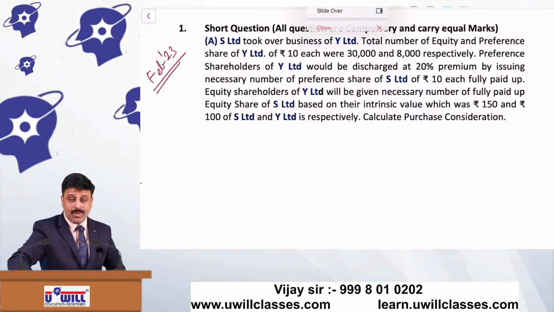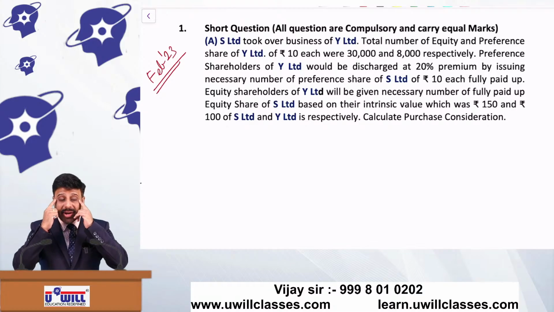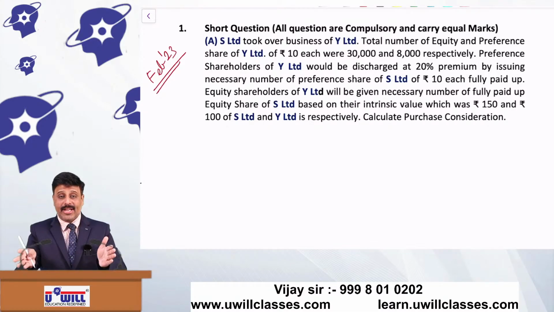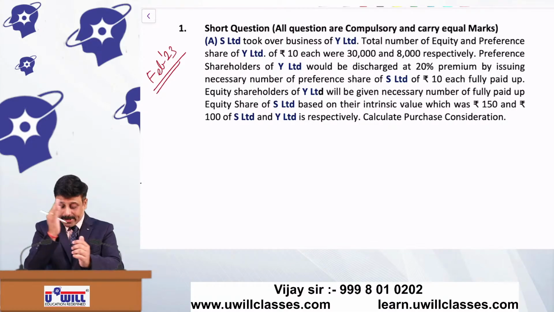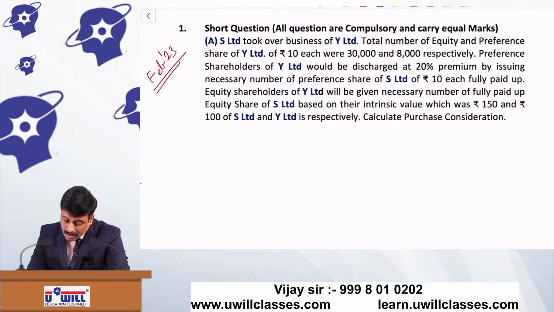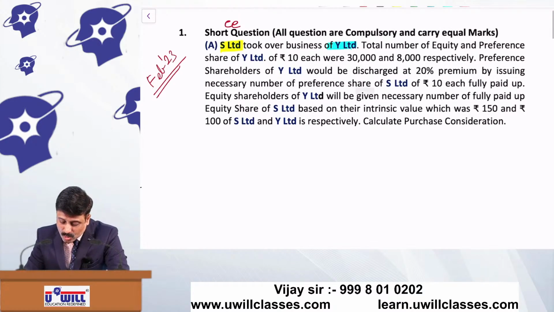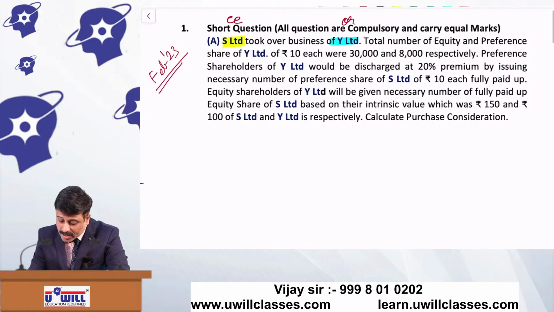Let us understand this question. As I told you, the trick I have given you is to find the ratio of intrinsic value and swap it. Let's see. S Limited took over the business of Y Limited. Now S Limited is the buying company, so that is the transferee company, and Y Limited is going into liquidation, so that is the transferor company.